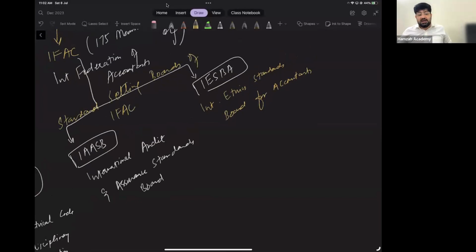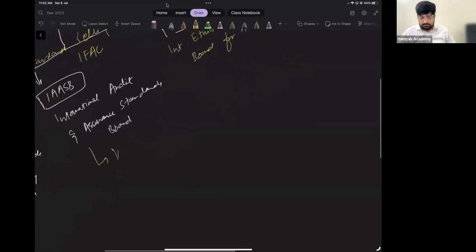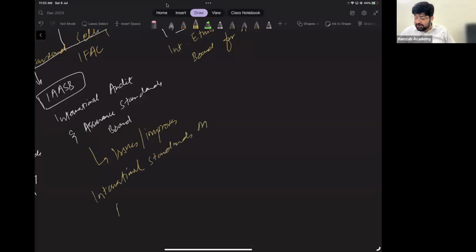There are 2. IAASB issues international standards on auditing, ISAs, International Standards on Auditing.